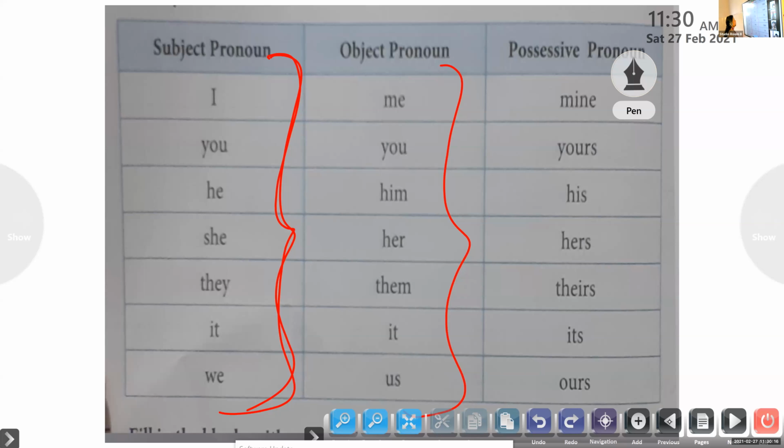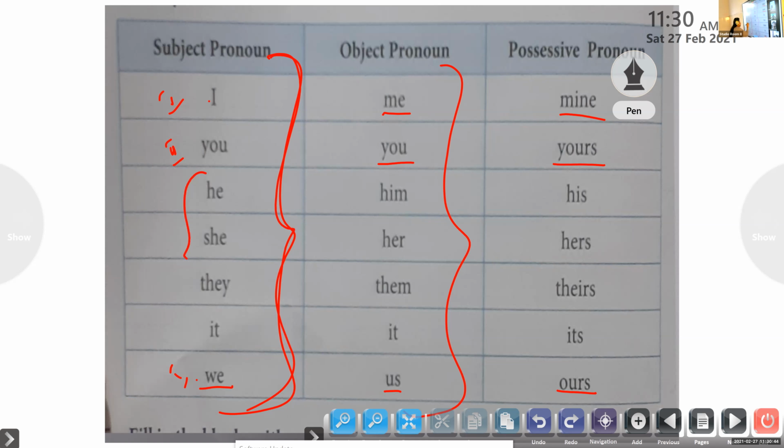Have you understood? For I, what are the different forms? Me and mine. Me is the object pronoun, and the possessive pronoun is mine. We is also first person, and the different forms are us and ours. The second person is you; the object pronoun is the same, and the possessive pronoun is yours.